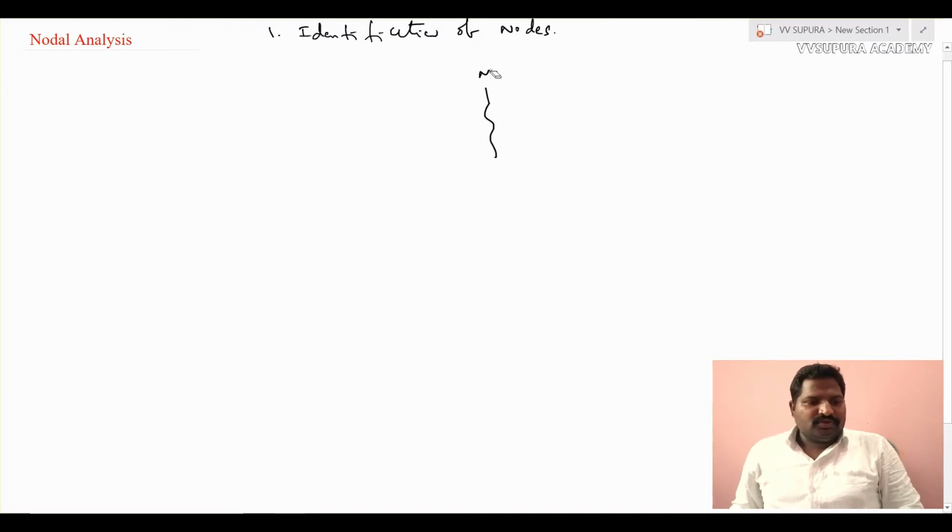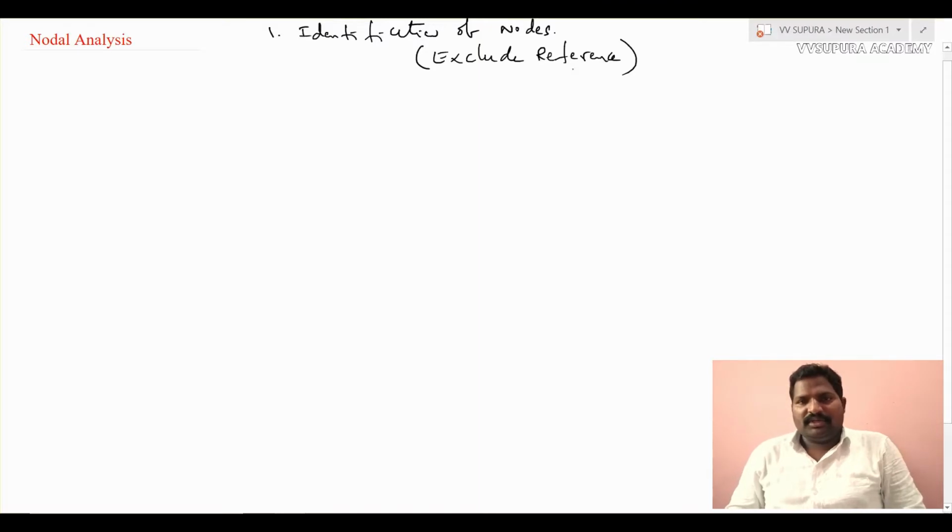When you're solving problems, it is very easy to identify nodes, and we have to exclude the reference node. So we have to identify the reference node also, and when writing nodal analysis, we exclude that reference node, and we write down the nodal equations for the remaining nodes.